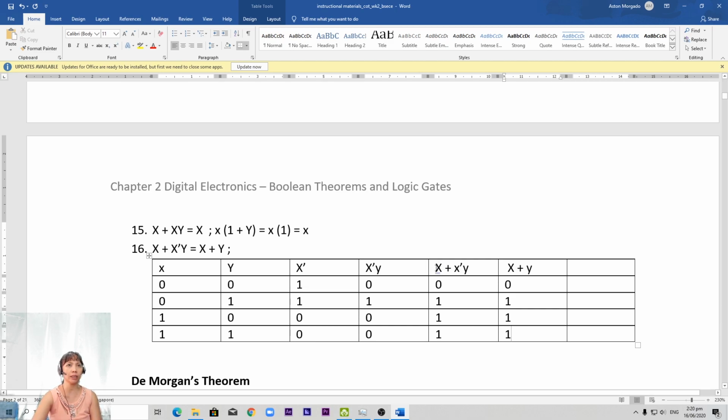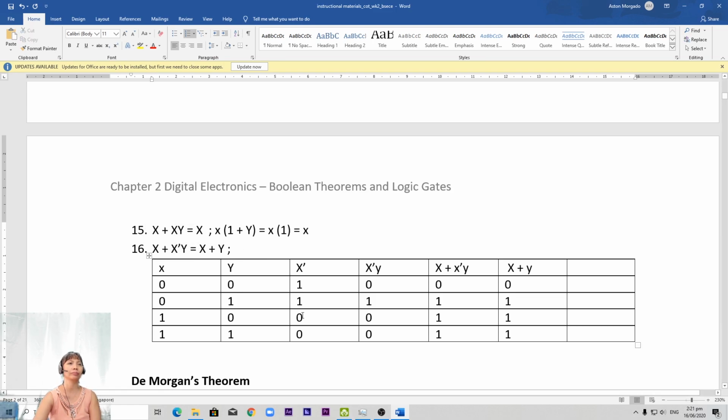So as you can see here, the x plus x prime y column has the same value as the x plus y column. So therefore, we can say that x plus x prime y is equal to x plus y. So every time you see this equation, x plus x prime y, just simplify it to x plus y.